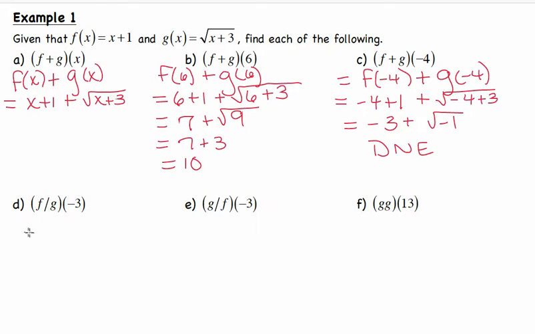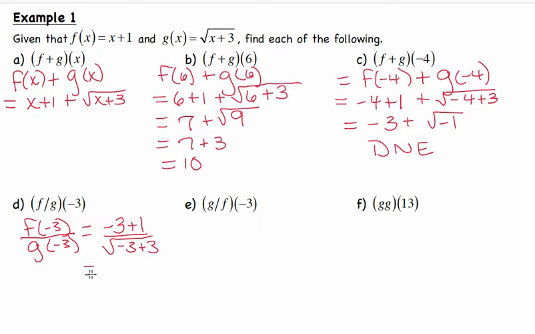Okay, next in D we have f of negative 3 divided by g of negative 3. And you're going to make sure that when you do the division that you use a fraction bar for that. And then f of negative 3 is negative 3 plus 1. G of negative 3 is the square root of negative 3 plus 3.